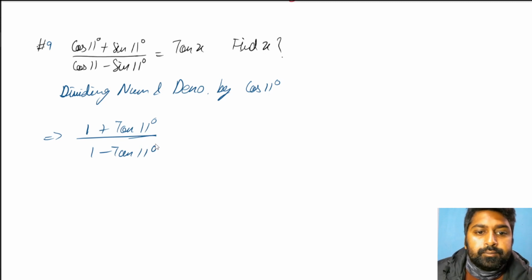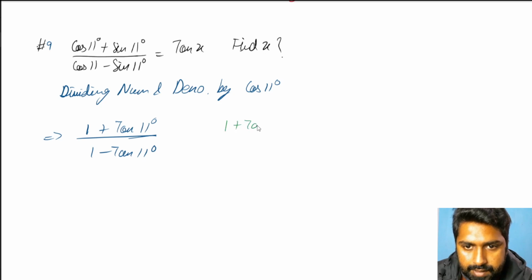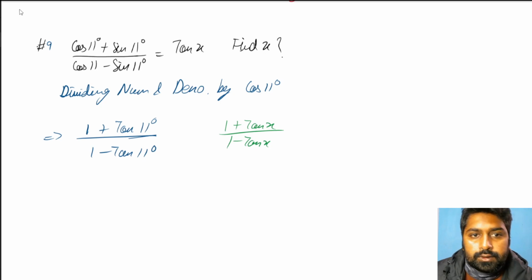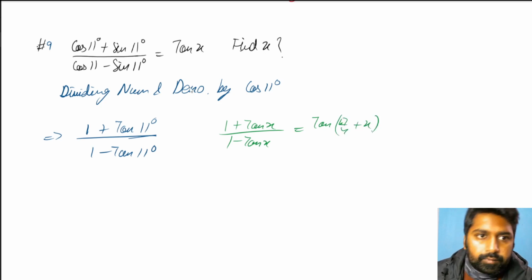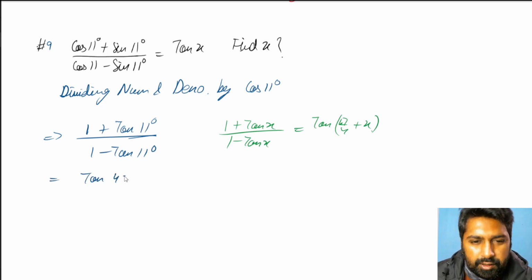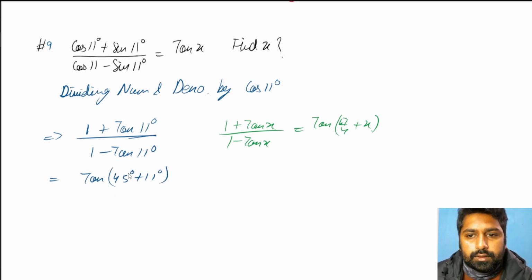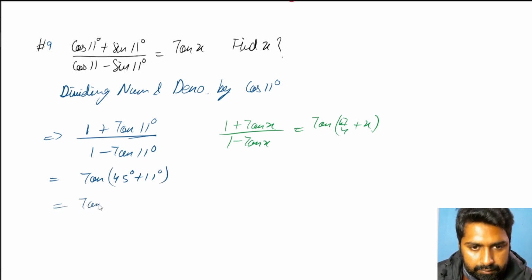Now I told you to remember that identity. What is 1 plus tan x upon 1 minus tan x? That's tan of pi by 4 plus x. So this is nothing but tan of 45 degree plus 11 degree. So this becomes tan 56 degree. So x is 56. That's your answer.